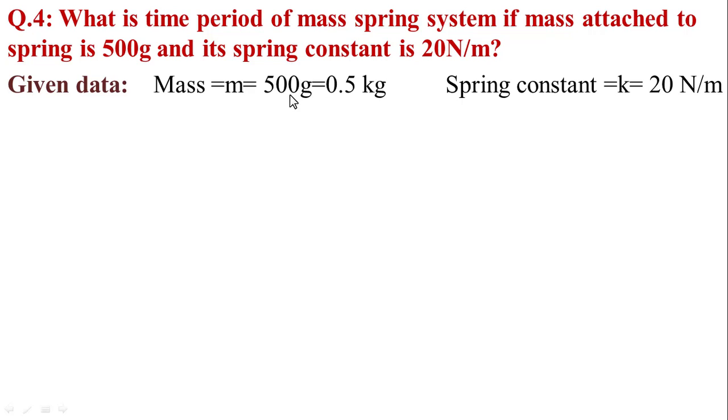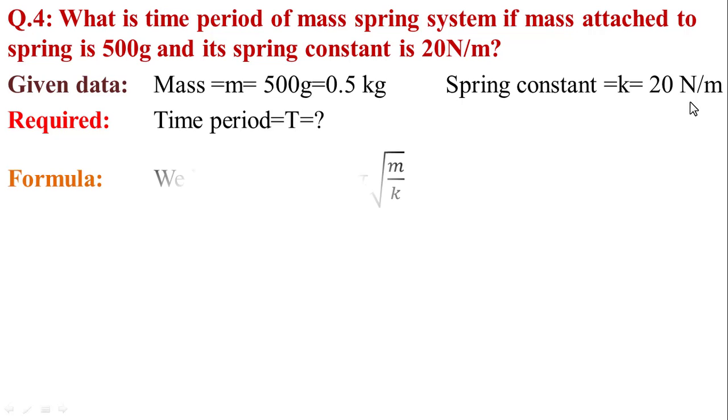Mass m is equal to 500 gram is equal to 0.5 kg and spring constant K is equal to 20 Newton per meter. We can find the time period. So write the formula T is equal to 2 pi square root of m over K, because in a mass spring system, the time period T is equal to 2 pi square root of m over K.